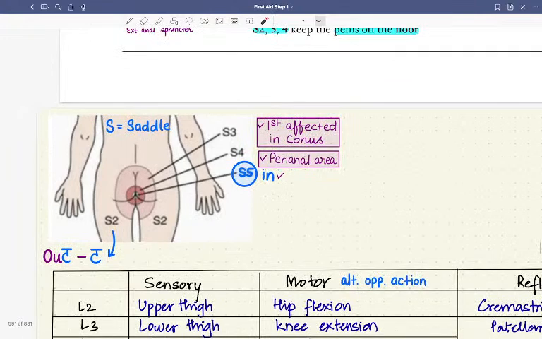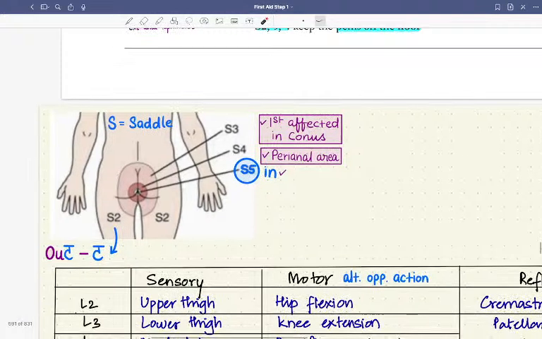Anal reflex we had S4, no? S4 was the anus. So just remember S2, the outermost, is in the thighs. Now you're going inwards. When you go inwards, it is 2, 3, 4, 5. First is 2, this is 3, this is 4, and finally this is 5.